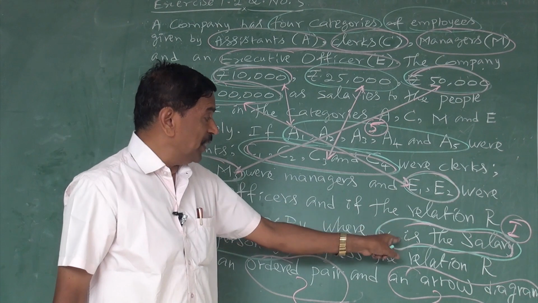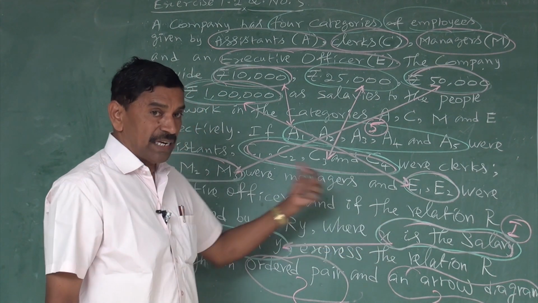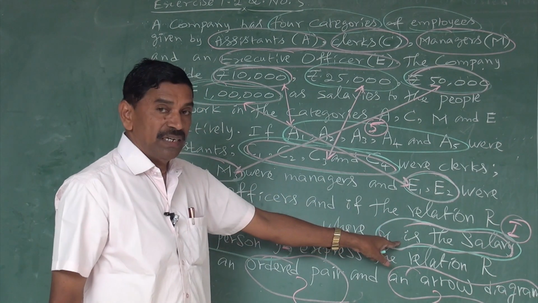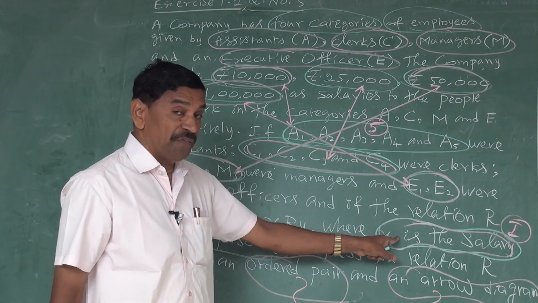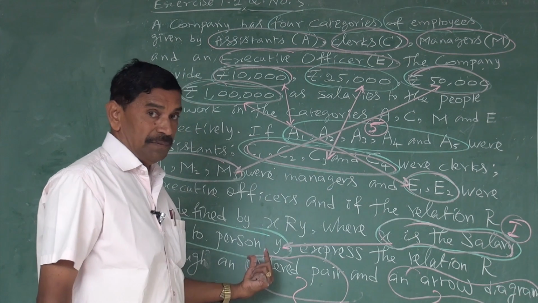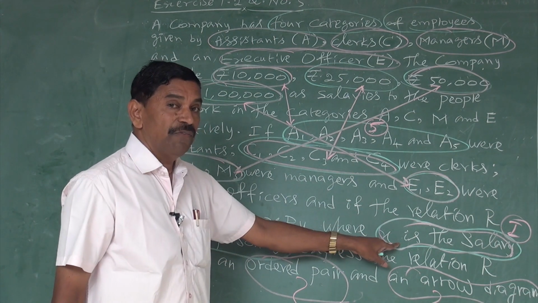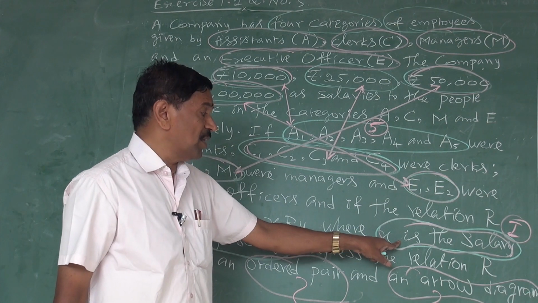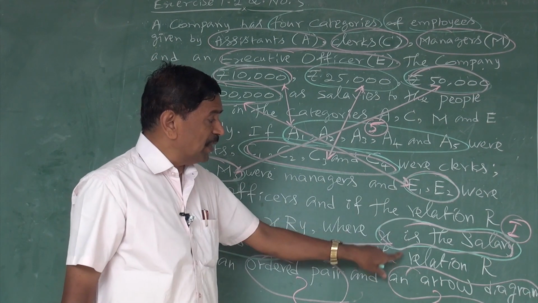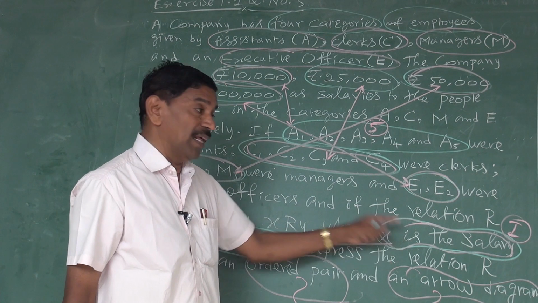That means rupees 10,000 for assistant 1, rupees 10,000 for assistant 2, likewise. Next, rupees 25,000 for clerk 1, clerk 2, clerk 3, and similarly rupees 25,000 for clerk 4.